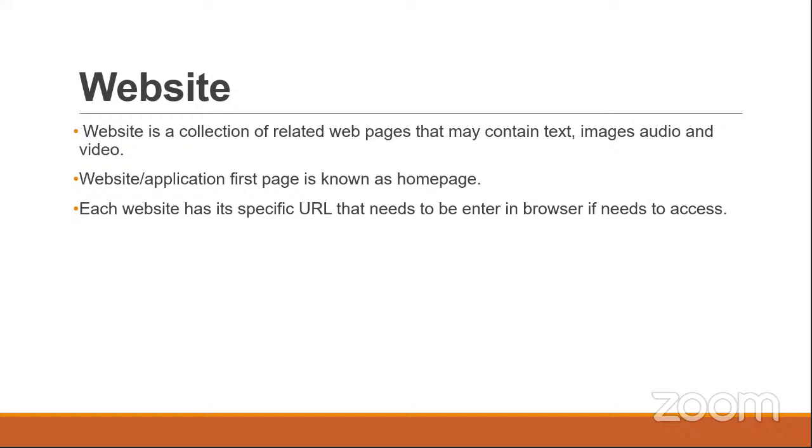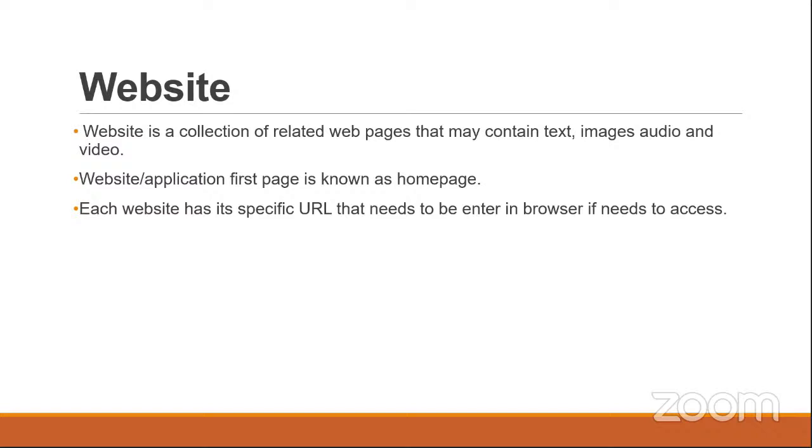So each website has its own unique URLs. Good. So yes, we can give many examples for websites or for web applications. We have e-commerce applications, right? Educational websites. Yes, very good.